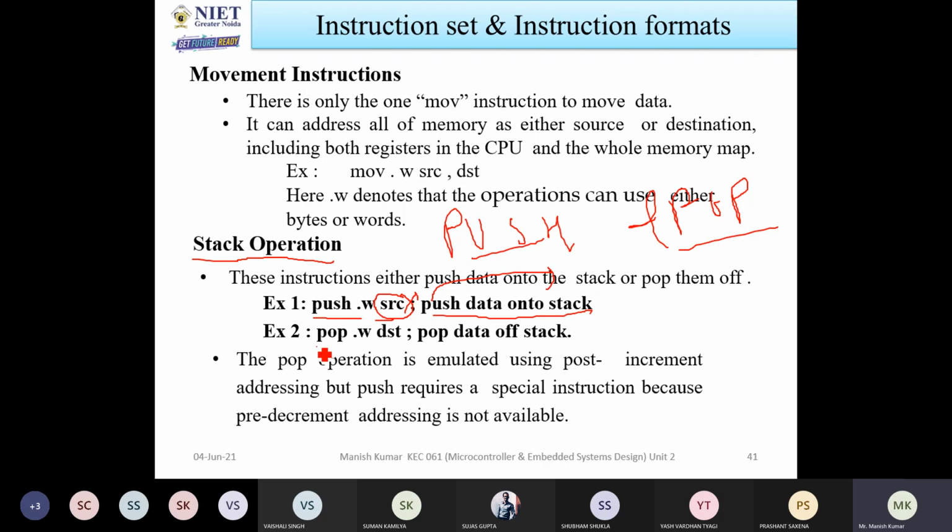When we are talking about pop.w DST, then pop data off the stack. If you want to retrieve the data from the stack, you can use the just reverse of that, pop.w DST. So whatever data is available in the stack memory, that data will be copied into the destination register.